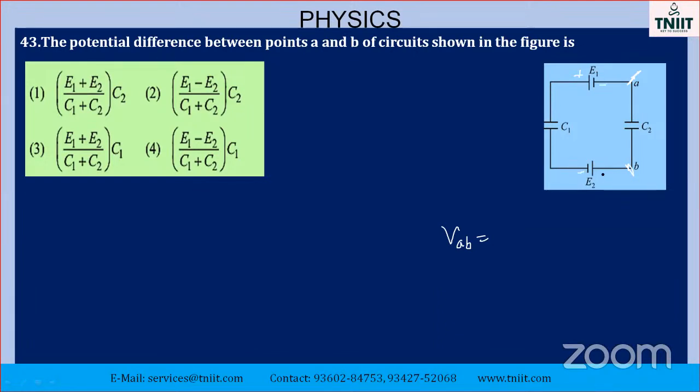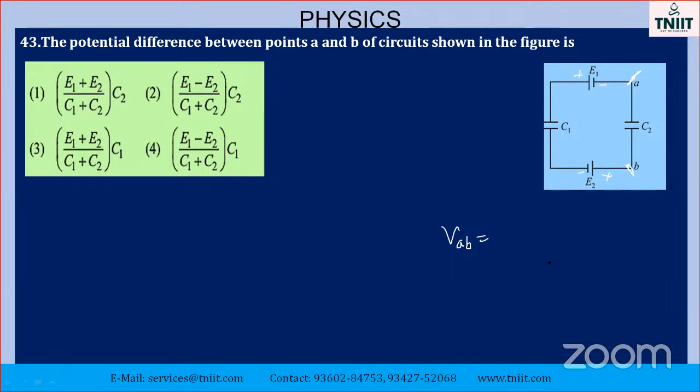Negative is connected to a positive. Now you are going to find the potential across AB.